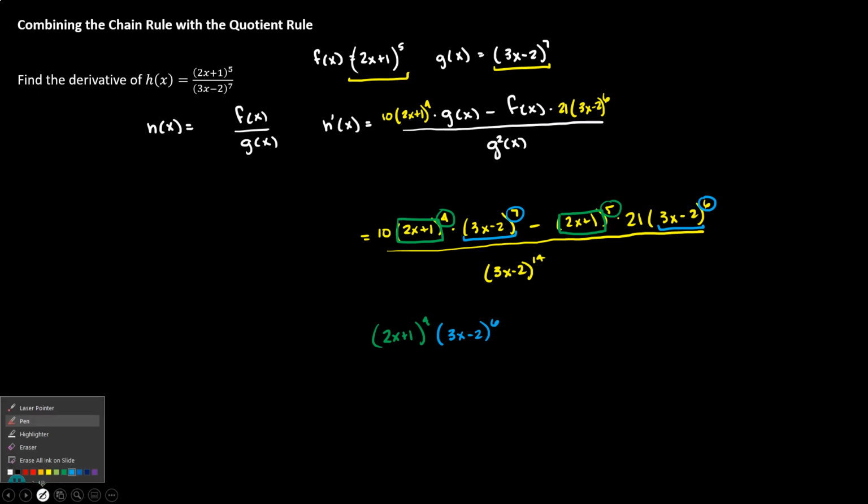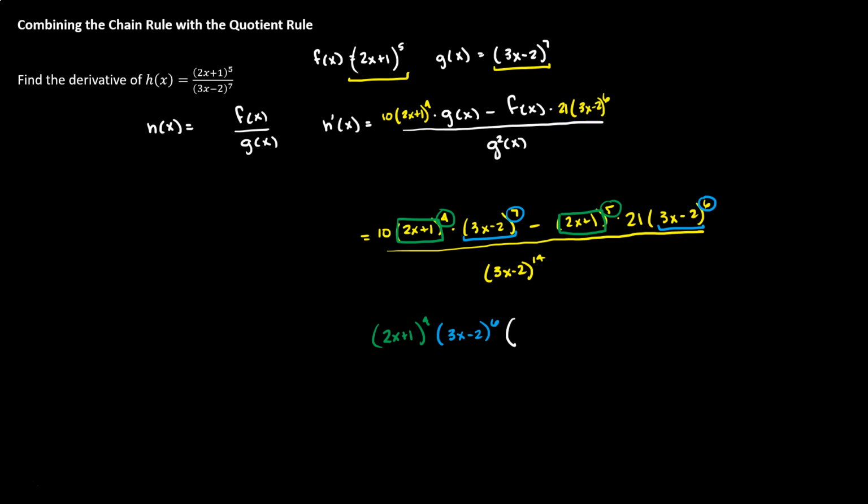If I factor off those common factors, then I have some factors left behind from each term. In the first term, I have a 10 left behind and one of the 3x minus 2 terms. In the second term, I have a 2x plus 1 left behind, 21 is left behind, and that's it. And then, of course, we need to copy over our denominator, which hasn't changed.